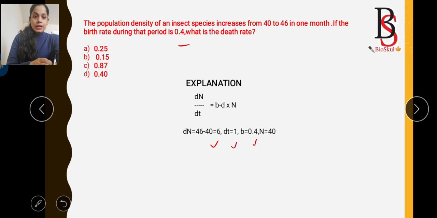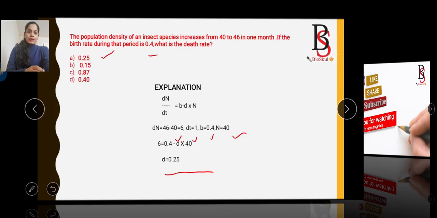The number of individuals at the initial time in the population is 40, so N equals 40. By putting the values in the formula, we get the value of D as 0.25. Option A is the correct answer.